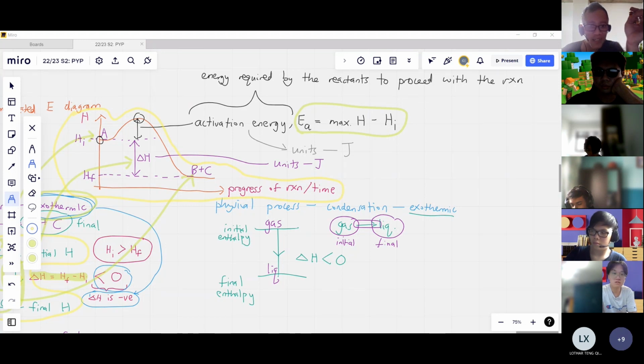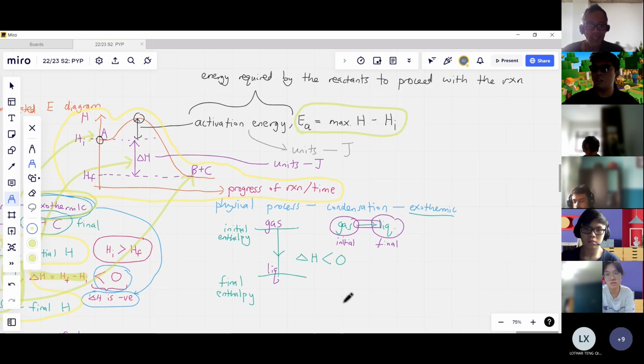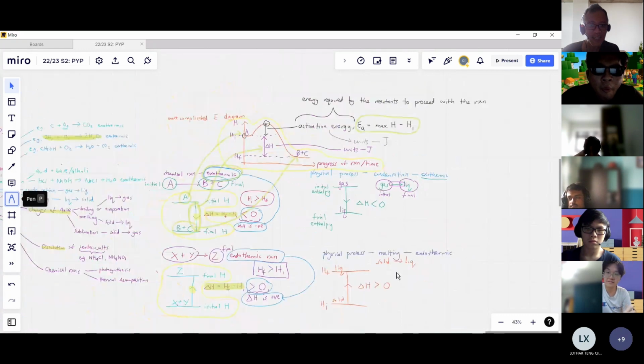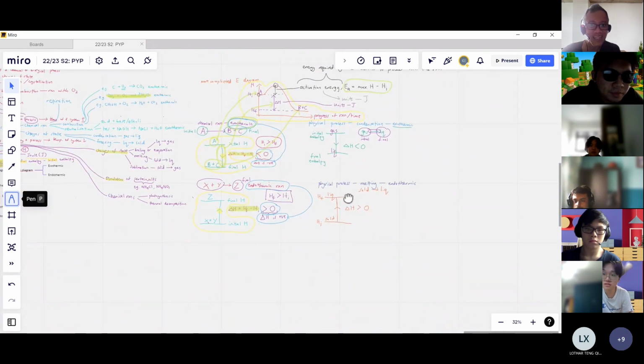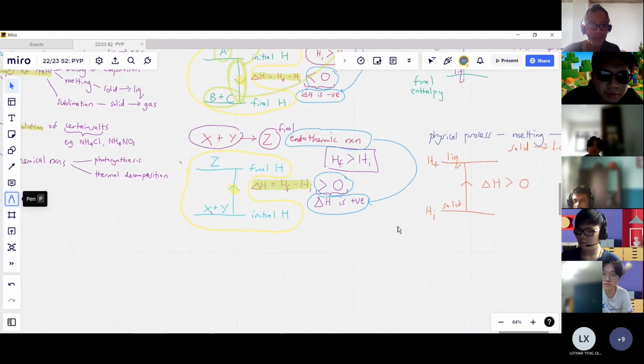Then in that case, I will finish up with the last concept for today, which is the energy level diagram, or the energy diagram, for an endothermic reaction. How is it going to look like? Okay, so we use back the same example, this one here.